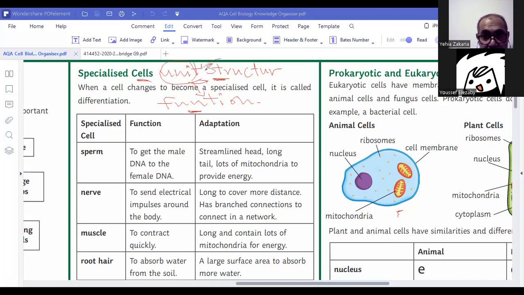Each cell has its own characteristic shape according to its function.